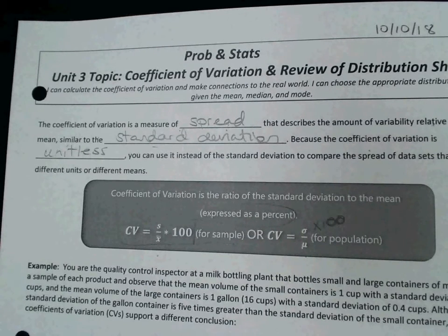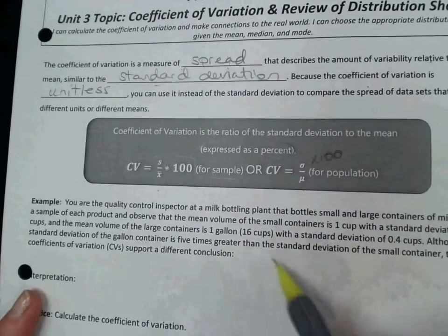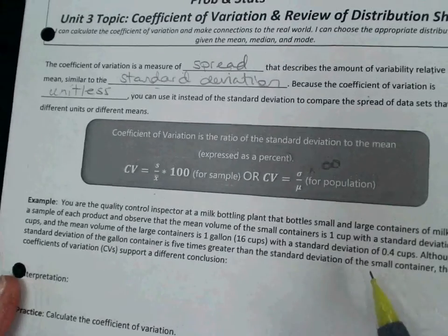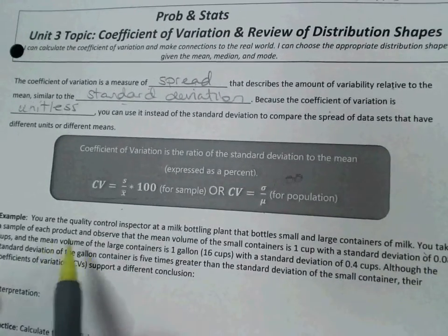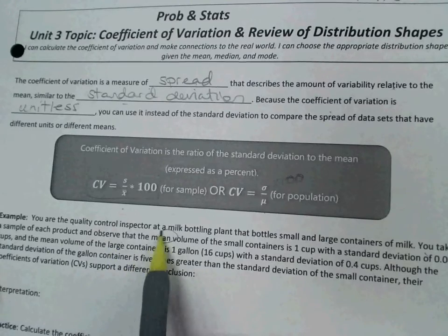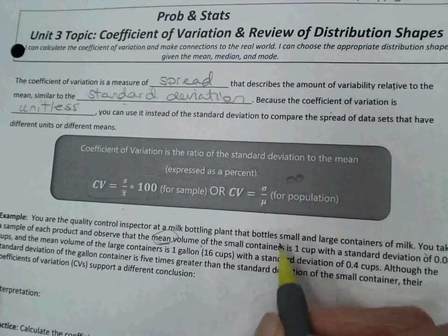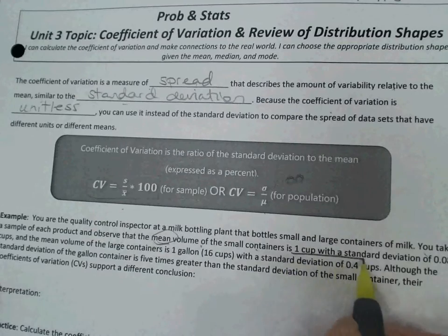Here's an example. Let's just say that you are a quality control inspector. That's a real job. So somebody that goes around and tests batches of things to make sure the standard is still being met within a small amount of variation. And your job is to test milk bottles. You've got small and large milk containers. You take a sample of each product and observe that the mean volume of the small containers is 1 cup with a standard deviation of 0.08.